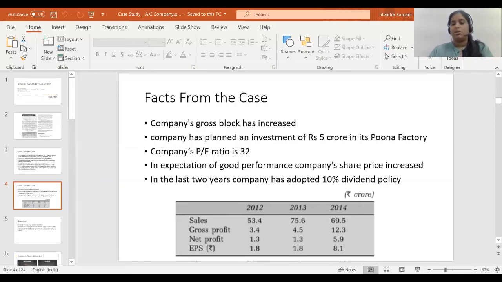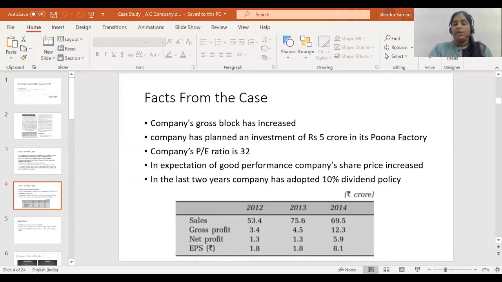Company's PE ratio seems to be 32. The more the PE ratio, the better the financial position of a company is. PE ratio is always mentioned in times, not in percentage, not in value, which means the number of times the investor is ready to pay for its earning.